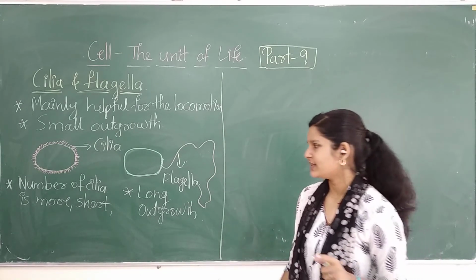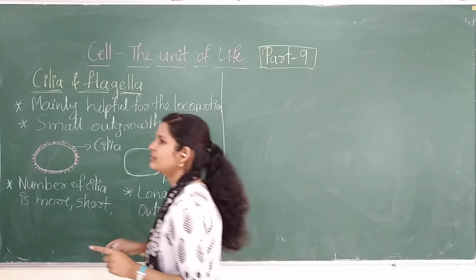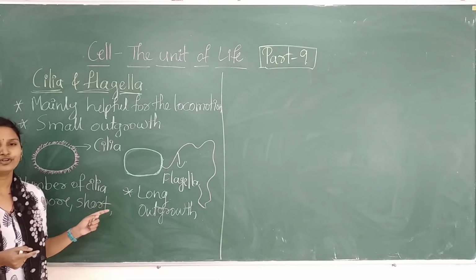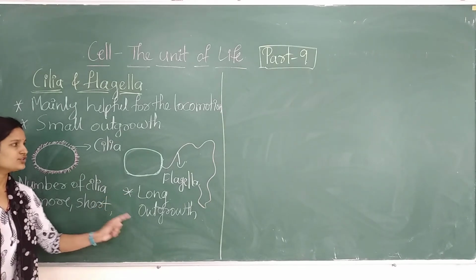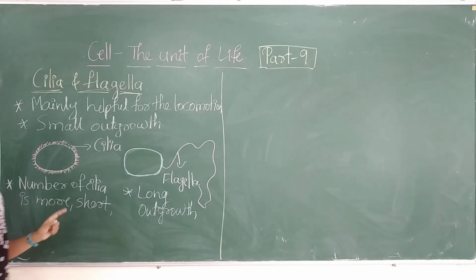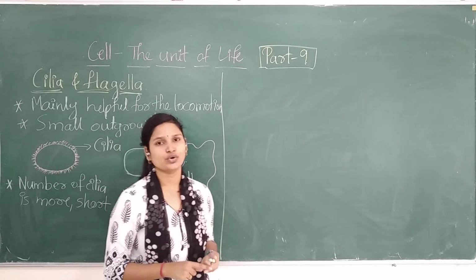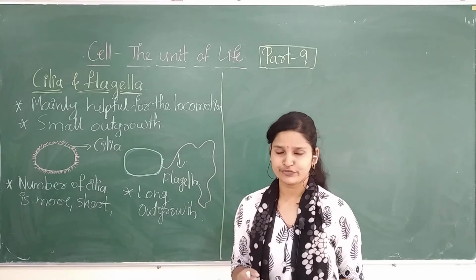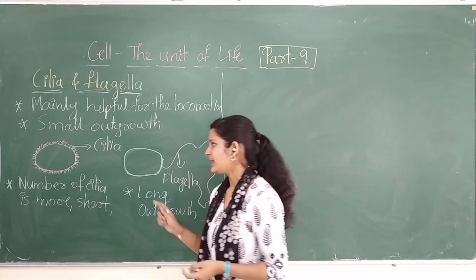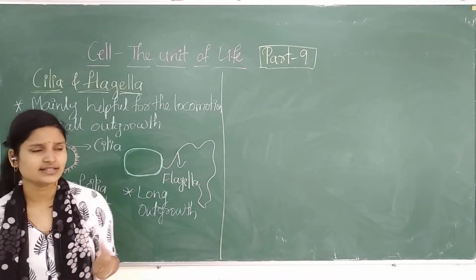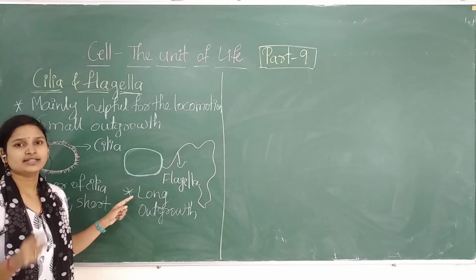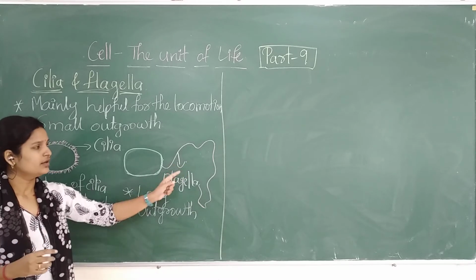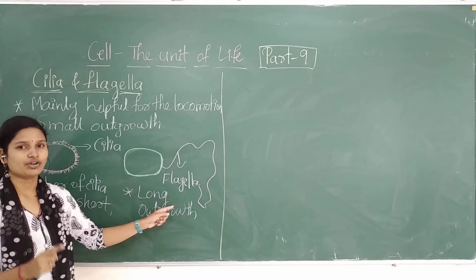In males, they are having the long structure which is mainly helpful for locomotion. So have a clear idea. Cilia and flagella both are used for locomotion. Cilia are small outgrowths and they are very numerous. But in case of flagella, these are 1, 2 or 3, there may be different numbers based on the organism.